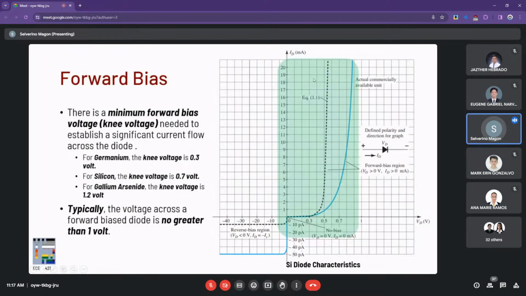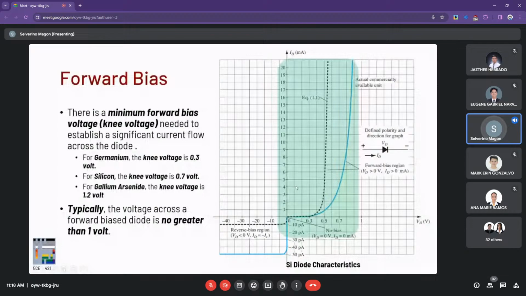So the region highlighted by the green shade right here. For now, we're going to focus on the forward bias region.